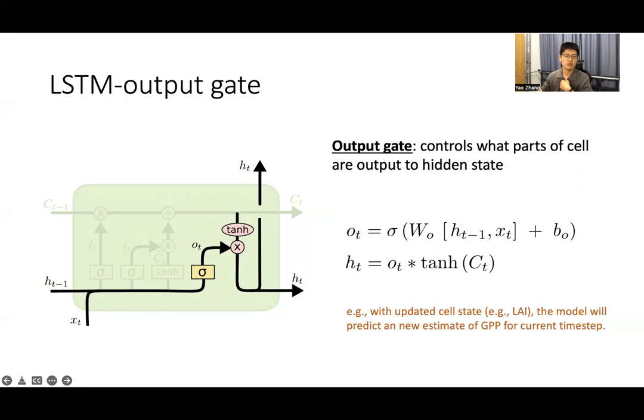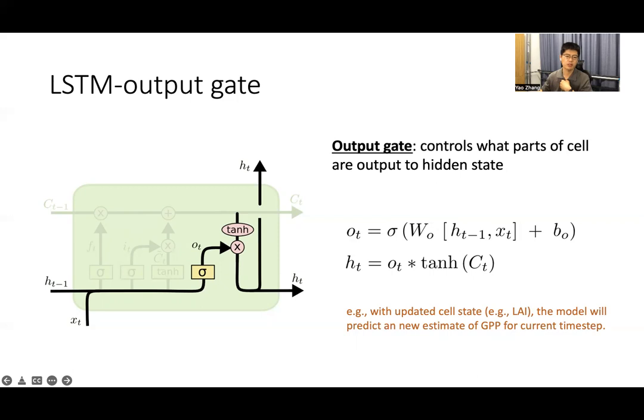The output gate controls what part of the cell is output to the hidden state. The cell state is passed through a tanh function and then modulated by the output gate. The output gate similarly is a linear combination of the hidden state of the previous time step and the input for the current time step, and then with a sigmoid activation function so that the output is between 0 and 1.